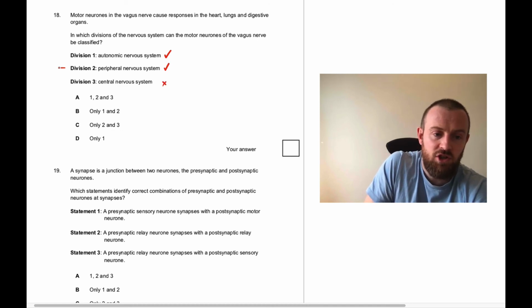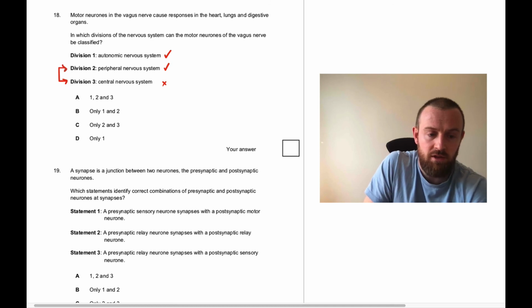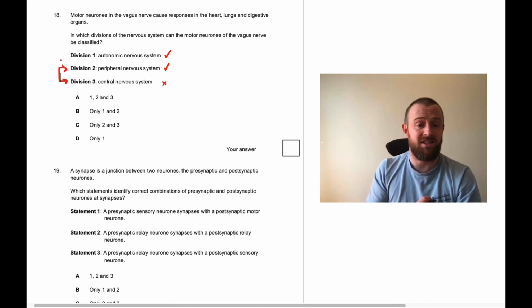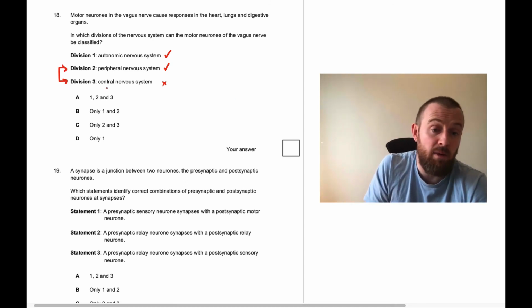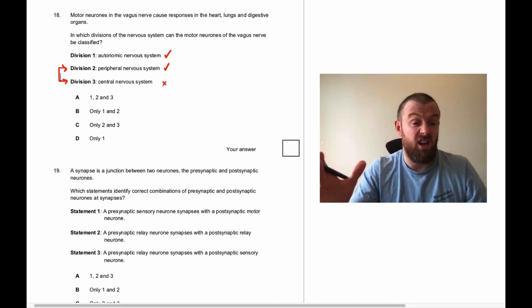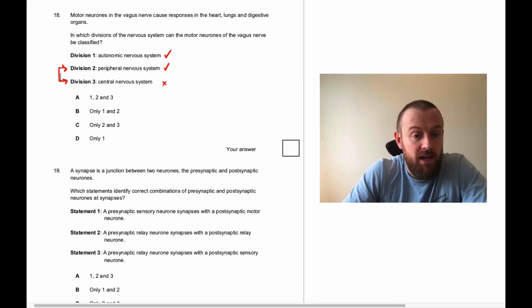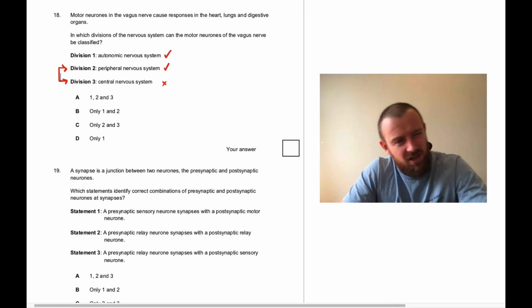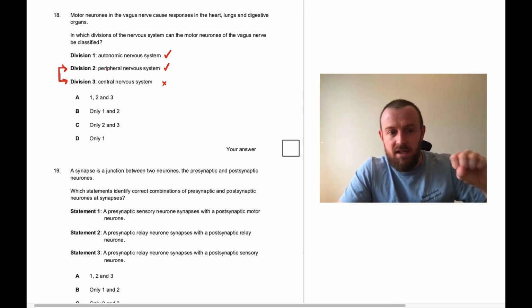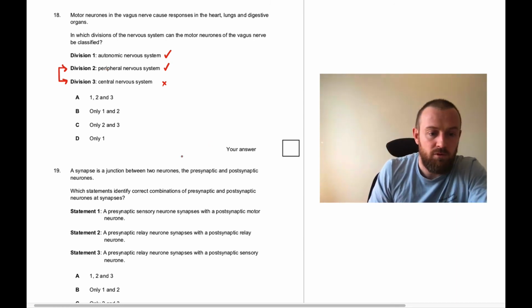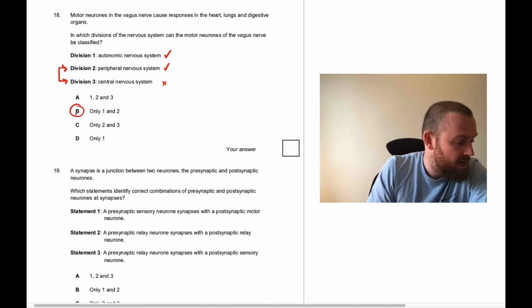Divisions 2 and 3 are mutually exclusive. You can't be part of the peripheral and the central. Central is the brain and spinal cord, and the peripheral is everything else. So it is part of the autonomic, which is kind of like the automatic behind the scenes system, and it is part of the peripheral. So the answer is 1 and 2. 18 is B.